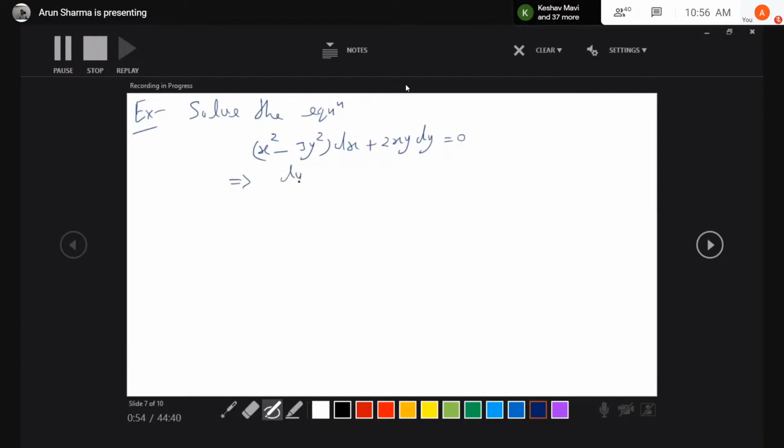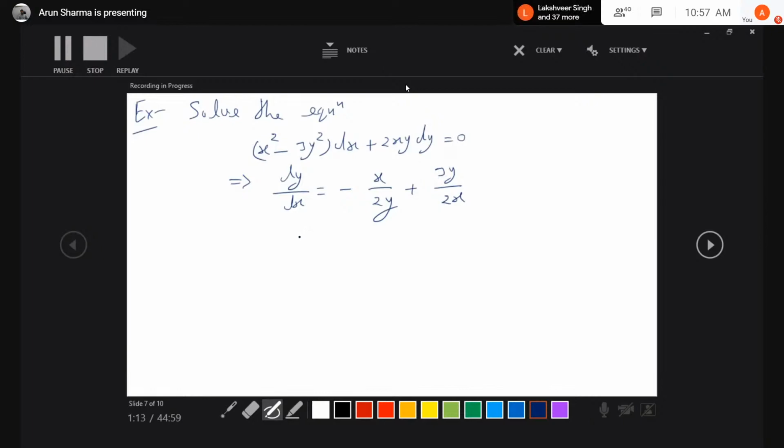So dy by dx would be minus x upon 2y plus 3y upon 2x.